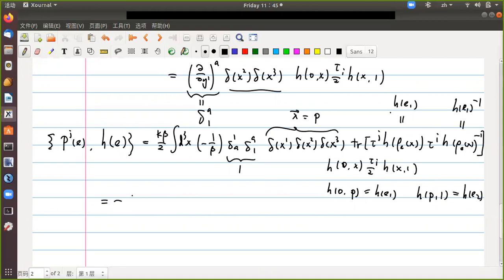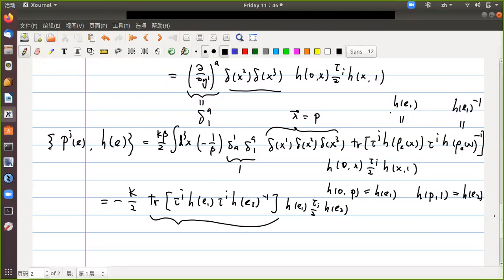So what we got is minus kappa over 2 trace tau J H1 tau I E1 inverse HE1 tau I up HE2. All right, so it simplifies the formula, but still you can see that you have this factor. If you want to relate the result to the theorem, you have to compute this factor.